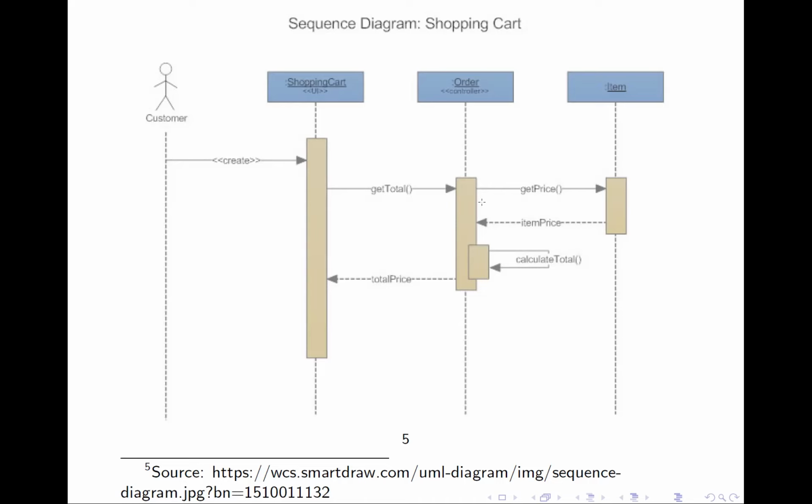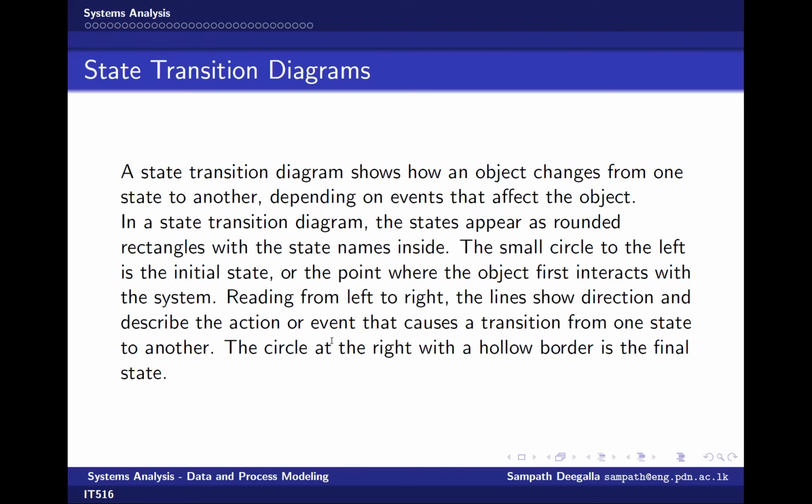So for each item, you request the price, and then you get the item price. As an interaction within the order, it will calculate the total. And once it calculates the total, it sends the total back to the shopping cart, right? So you can see that the dynamic interaction is captured here.